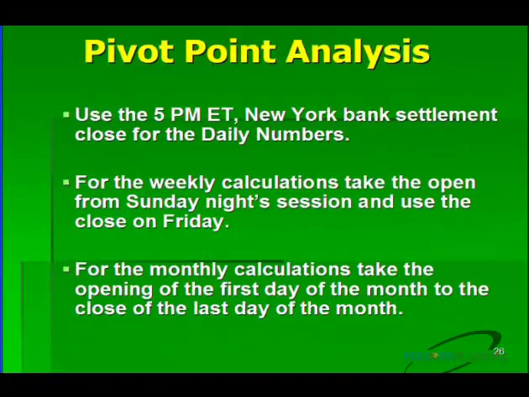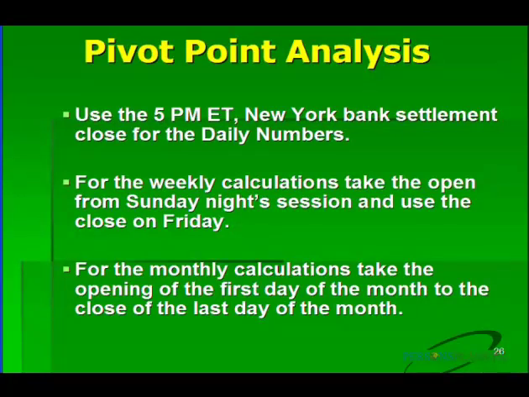Now, again, I did say that we want to use 5 p.m. New York bank settlement close for the daily numbers. For the weekly calculations, let's take the open from Sunday night session and use the close on Friday. Anything that occurs during that week from the high to the low, that's going to be our values for using our pivot point weekly calculations.